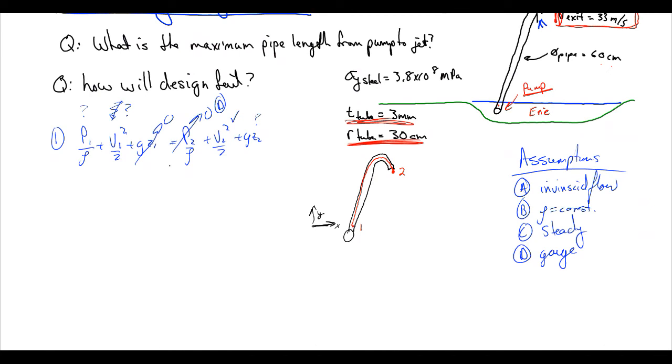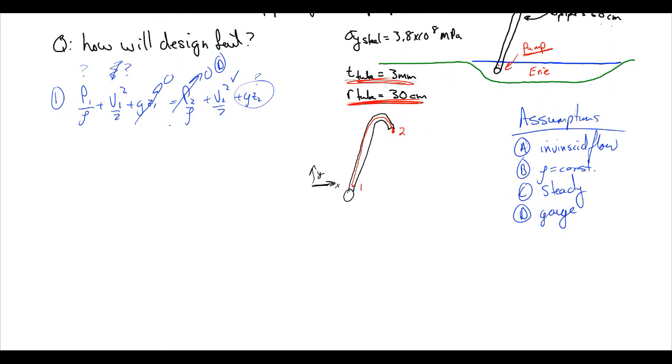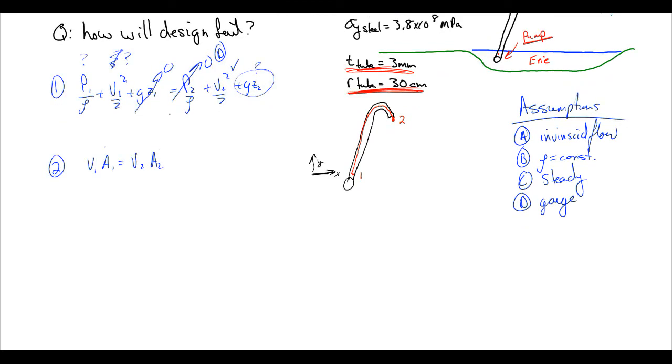So we're going to try to get equations now. We have 3 unknowns. We need 2 more equations. So let's get 2 more equations out of this. Equation 2 is going to be that V1 A1 is equal to V2 A2. And we know A1 and A2 because we know the relative diameters of the nozzle and the tube. So we can solve for V1.